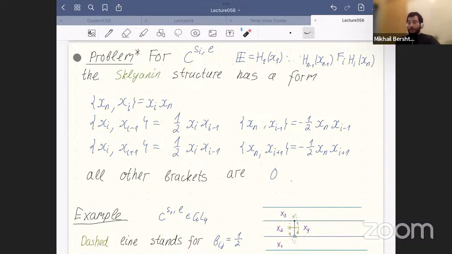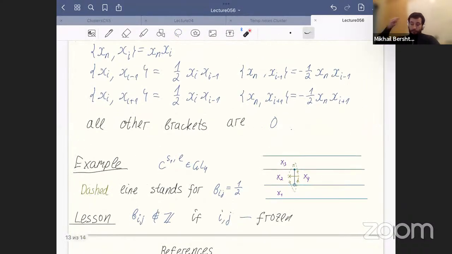And the statement is that now the Klein bracket on this cell is equivalent to the following cluster bracket. The bracket between this x_n and the x_i variable, which corresponds to the i-th Cartan element here, is equal to x_i x_n. Maybe x_n x_i will be more suggestive, but that's not important. And there are also some non-zero brackets with the neighbor variables, x_{i-1} and x_{i+1}.